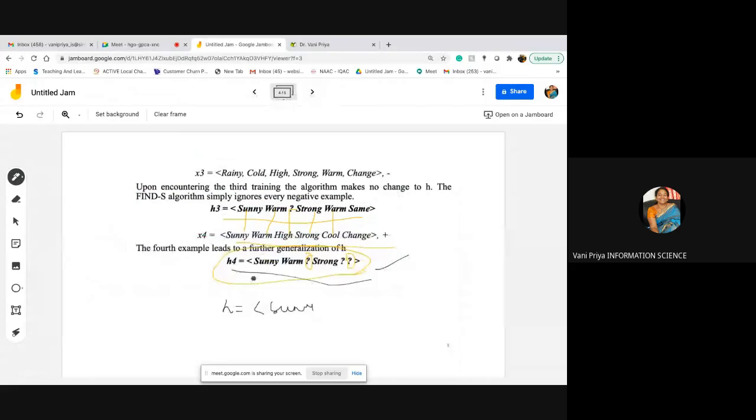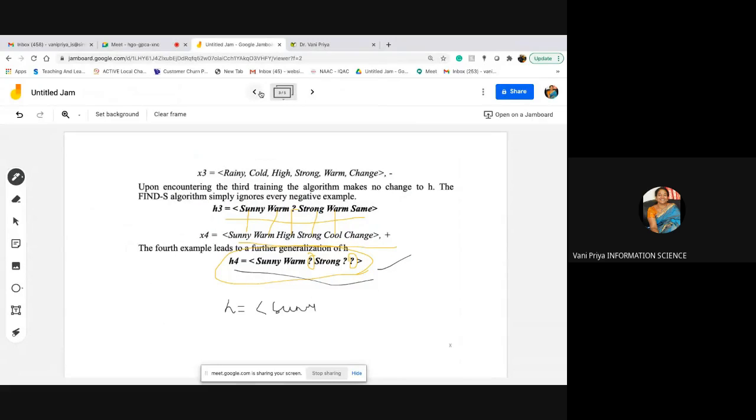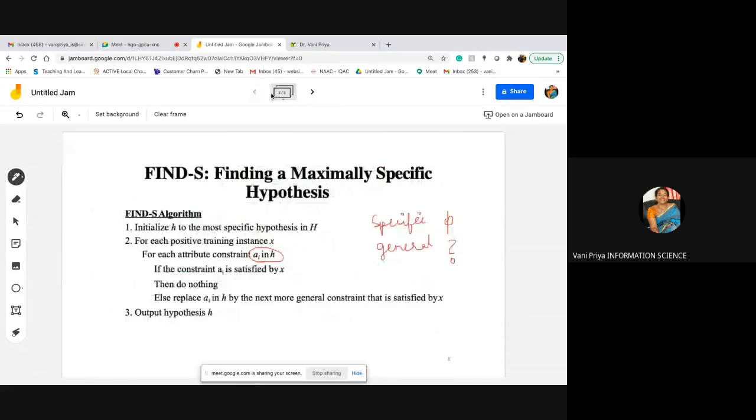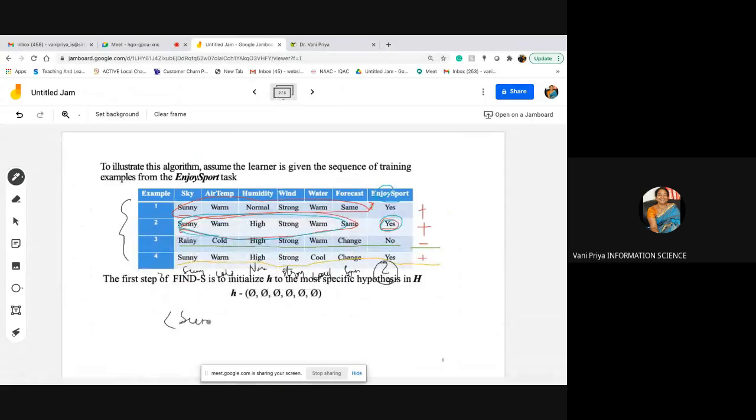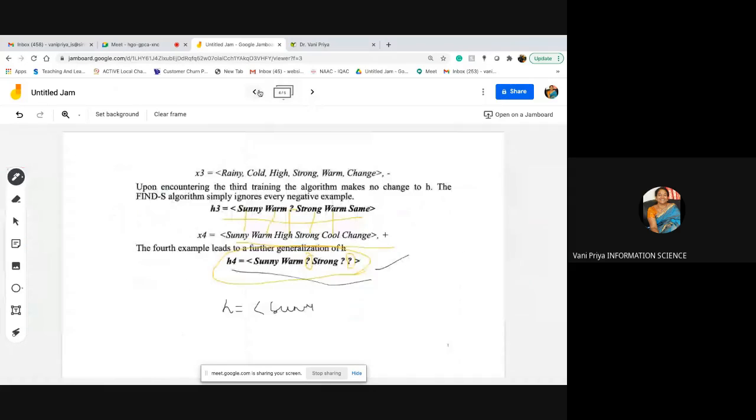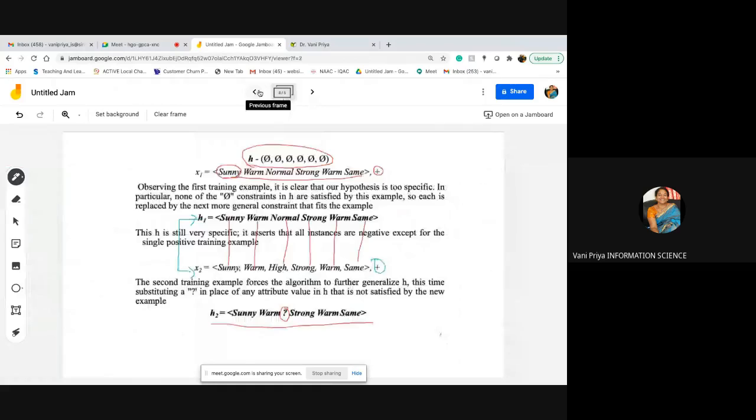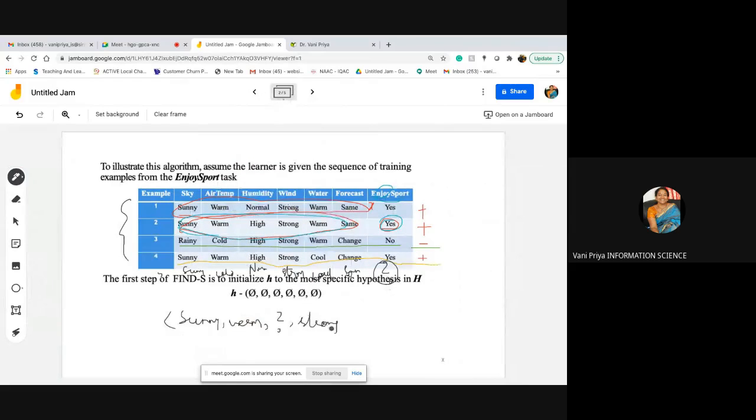The hypothesis which we established is sunny, then warm, then question mark, then strong, then question mark and question mark.